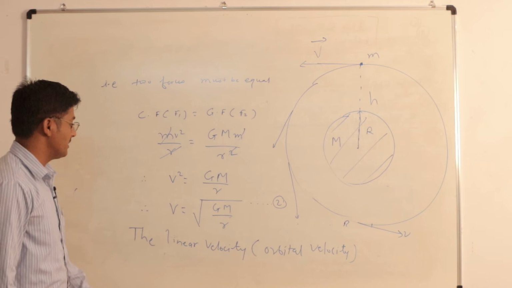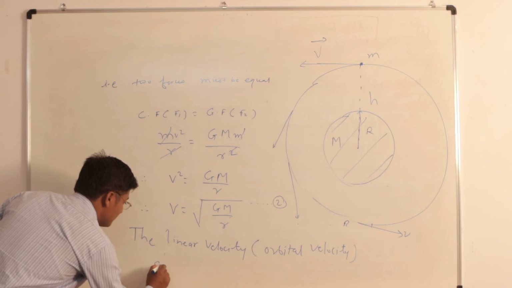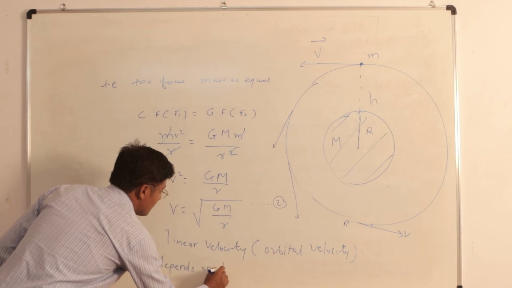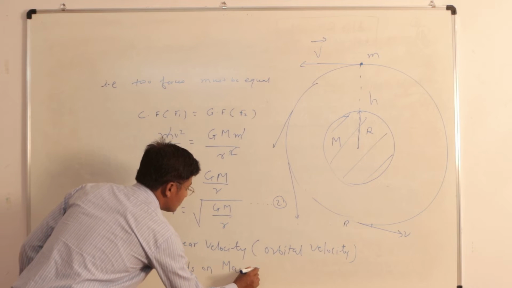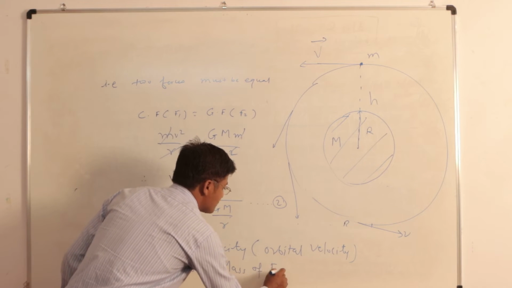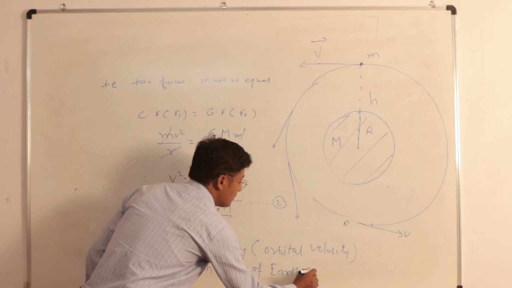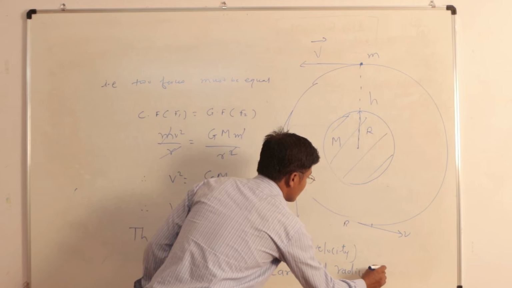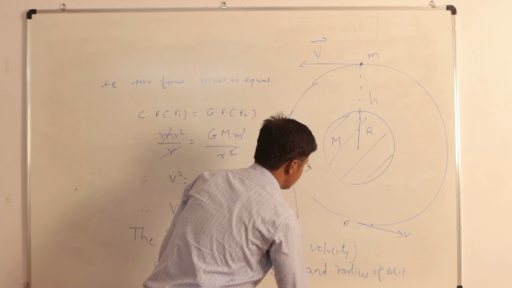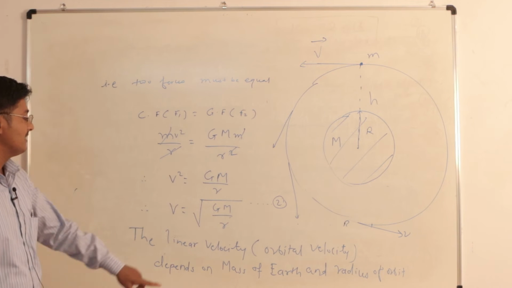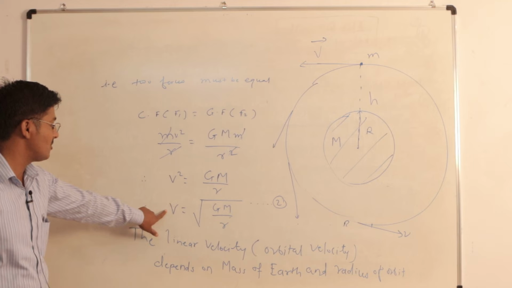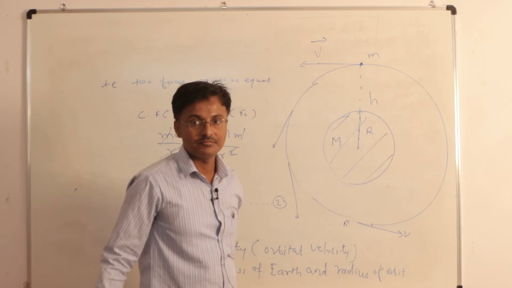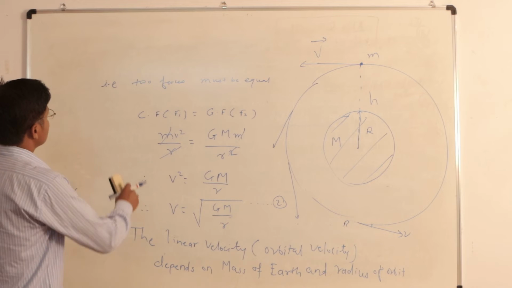The orbital velocity depends on mass of Earth and radius of orbit. Radius of orbit कशावर डिपेंड नाही, linear velocity, this orbital velocity doesn't depend on mass of satellite, that is small m.